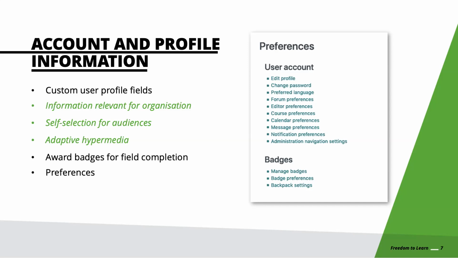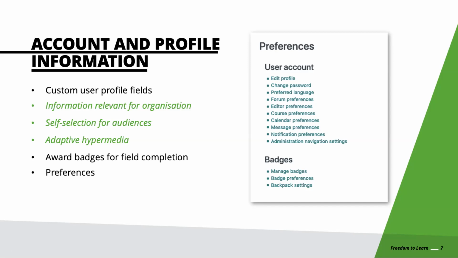So you might want to award individuals open badges for completing these profile fields, to encourage them to complete them, ultimately benefiting them as well as yourselves, with a better delivery of content and a more personalized and personalizable experience for the individual.